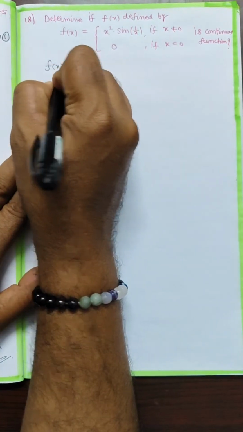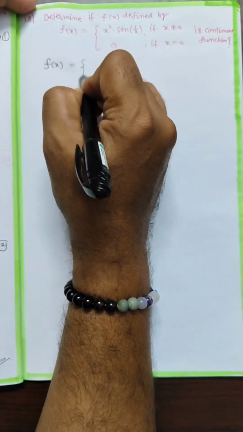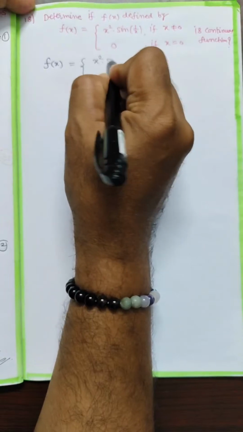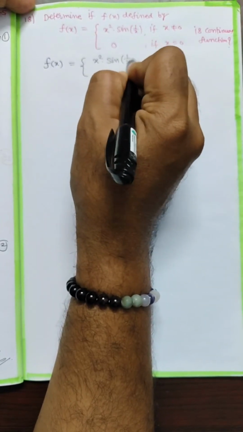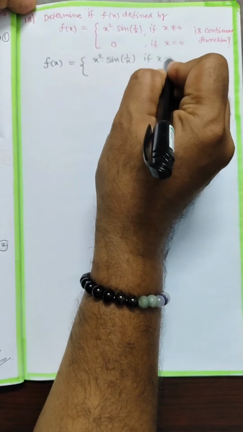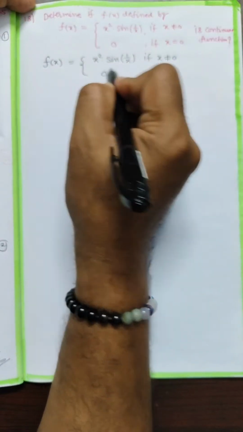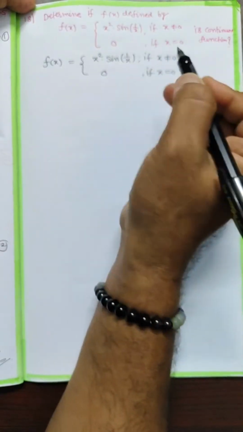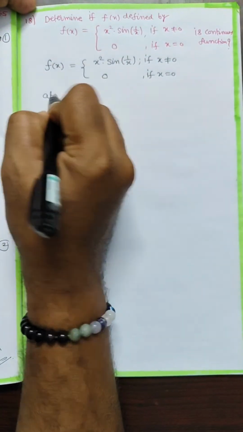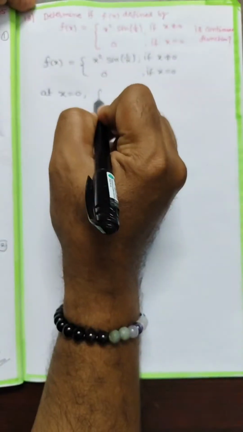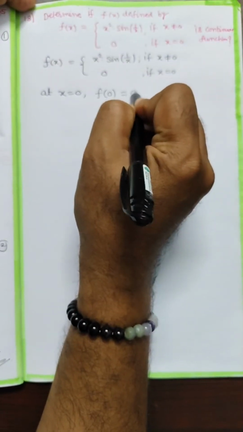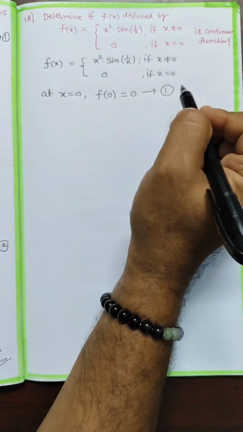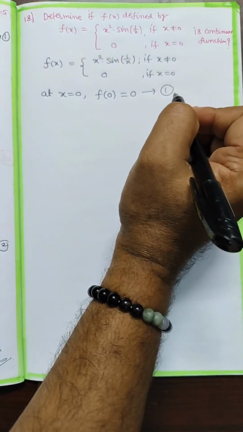F of x is equal to x square into sine of 1 by x if x is not equal to 0, 0 if x is equal to 0. At x is equal to 0, function value f of 0 is equal to 0. Keep that as equation number 1, dear students.